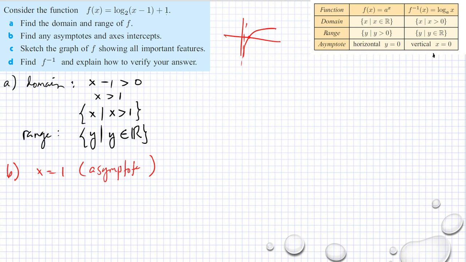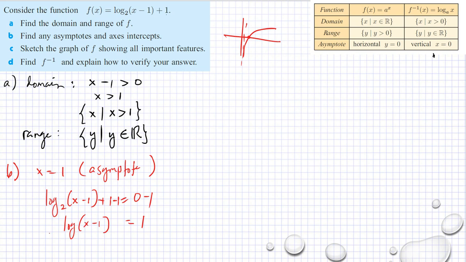And the intercept, when y is equal to 0, so we have logarithm of x minus 1 with a base 2, plus 1 is equal to 0. We subtract both sides of the equation by 1, then we have logarithm of x minus 1 is equal to negative 1.